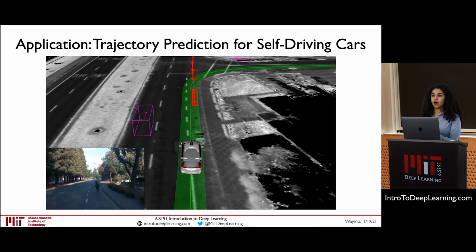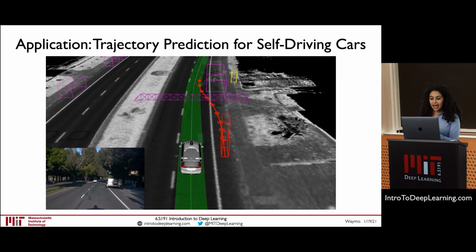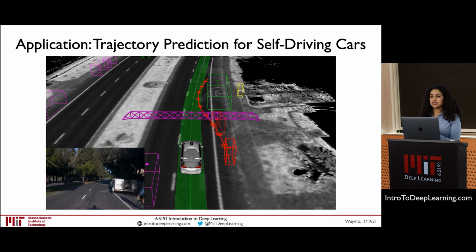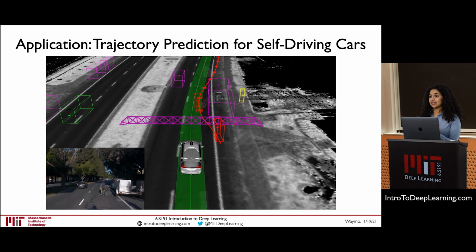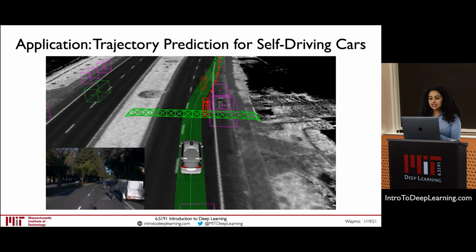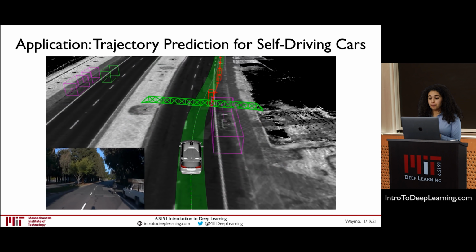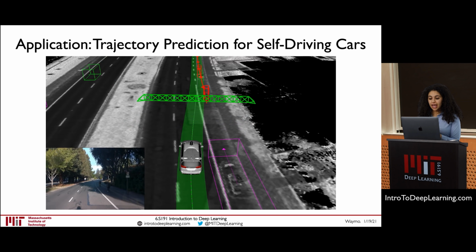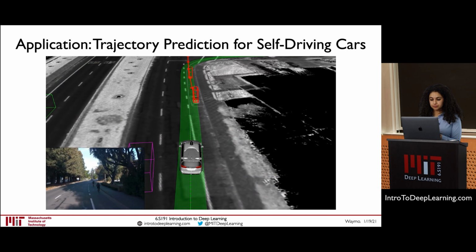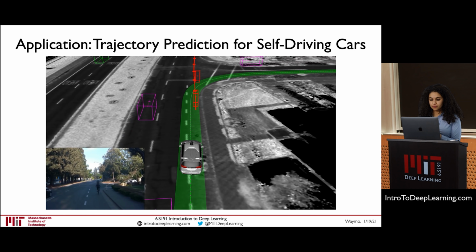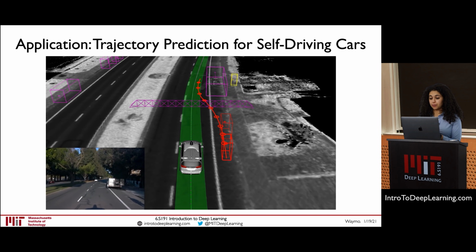So here's an example of a self-driving car. And the red boxes on the right-hand side depict a cyclist. And as you can see, the cyclist is approaching a stopped vehicle, shown here in purple.